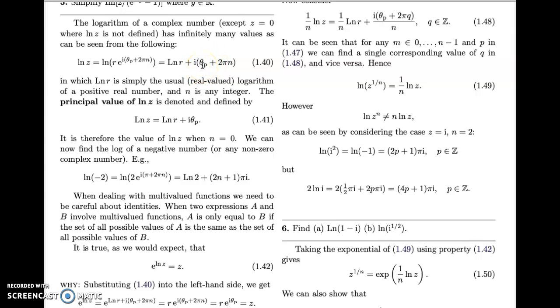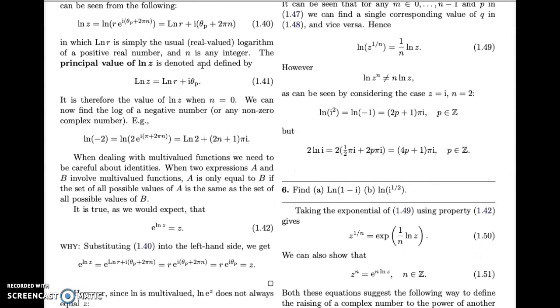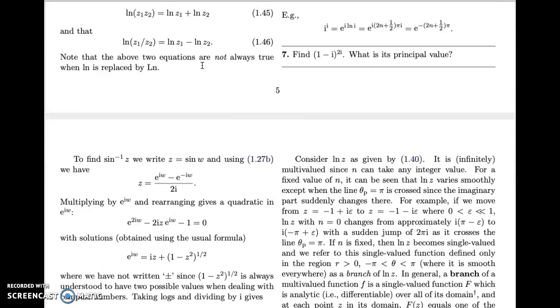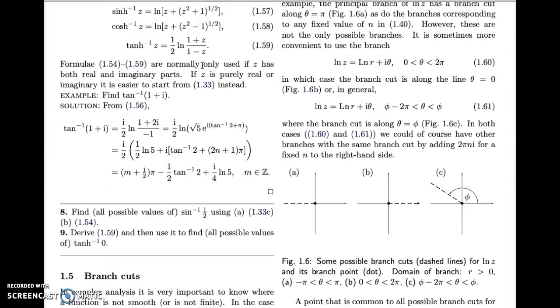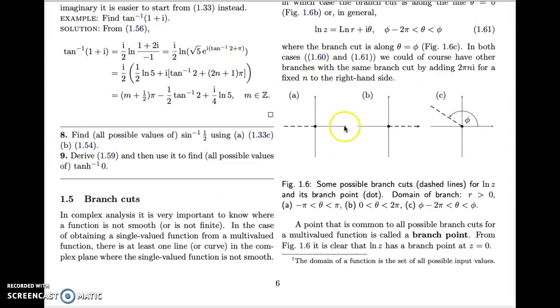So if the angle has a sudden jump, that means log z is going to have a sudden jump. And the branch cut is where the sudden jump occurs. Now, we can choose where to put the branch cut. If we measure angles going from minus pi up to pi, then the branch cut will be along here.